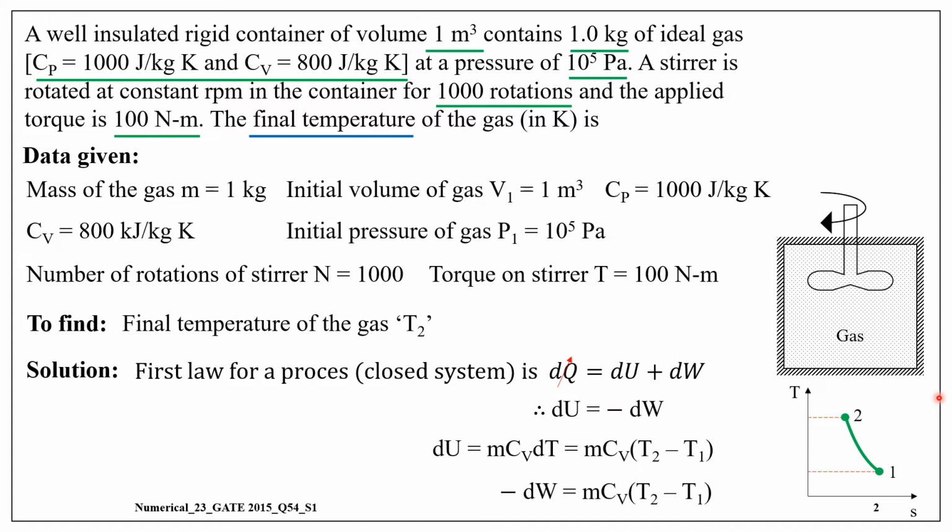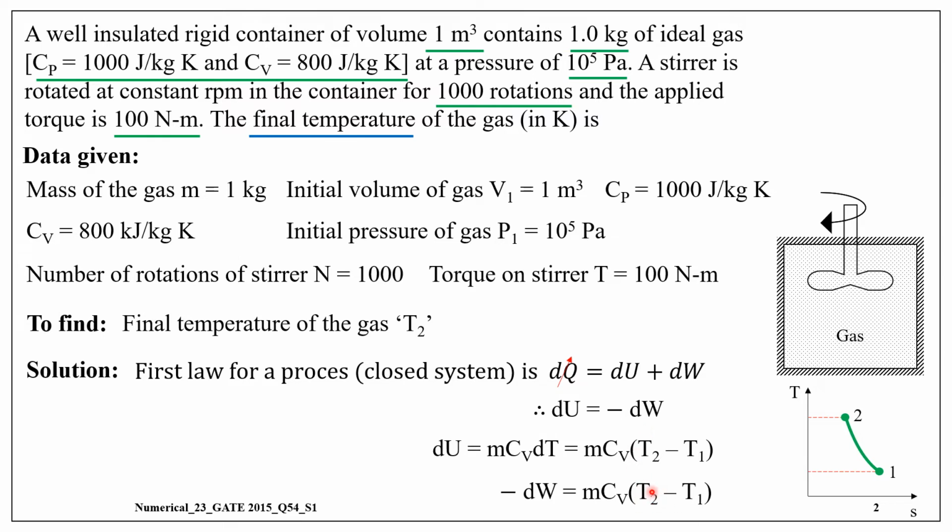We can write minus dW equal to mCv (T2 minus T1). M is given in the problem. Cv data is provided. T1 data is not given.